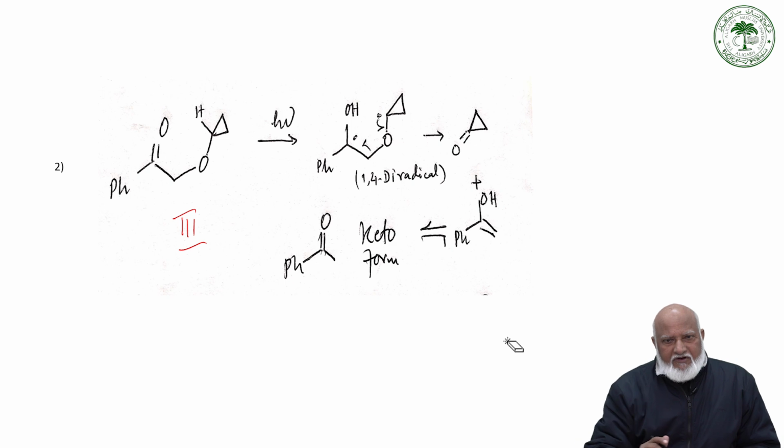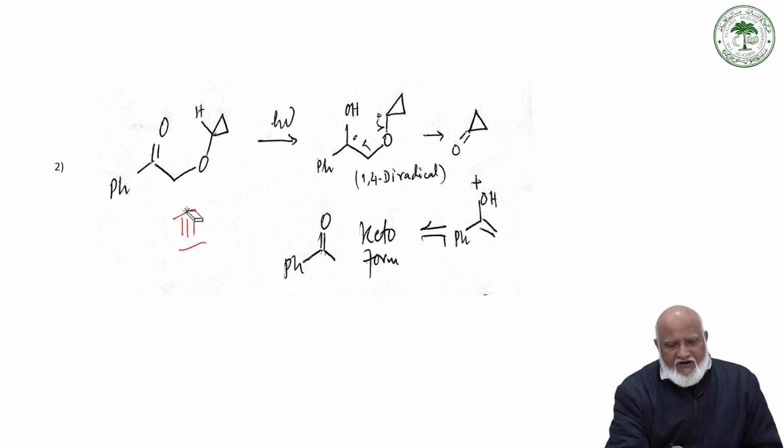The third example here, and again if you look at this molecule, this is alpha carbon, this is beta, this is gamma. So there is an availability of gamma hydrogen.